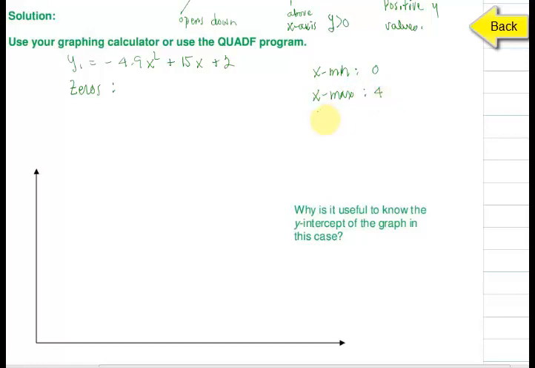You probably want to use an x scale of 1. Your y-min, put in 0, and your y-max, put in around 15, and your scale, probably, or sorry, 1.